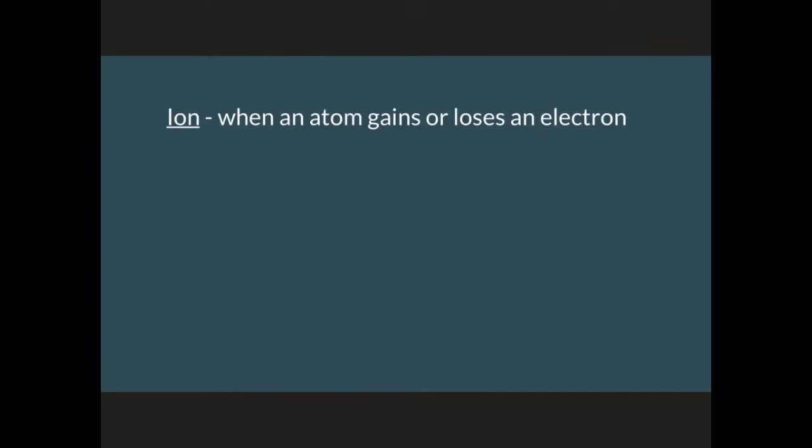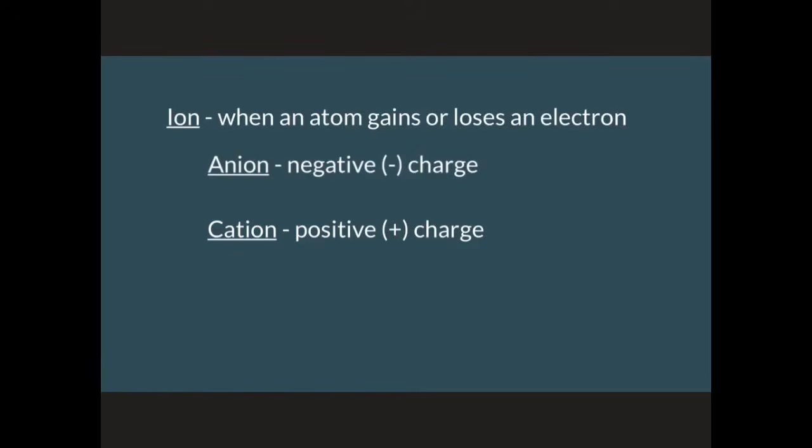An anion is referred to as negative, and a cation is positive. So an anion would have extra electrons to make it negative, and a cation would lose electrons, and that would make it positive. This happens when atoms come together in some sort of bond, and they either lose or gain those electrons. We'll talk about those concepts later on.